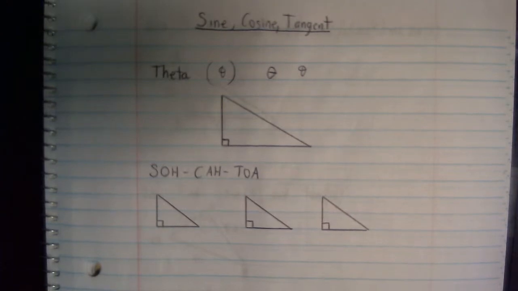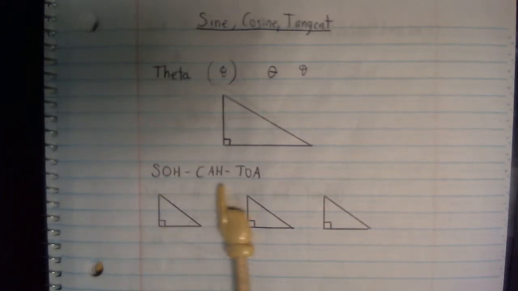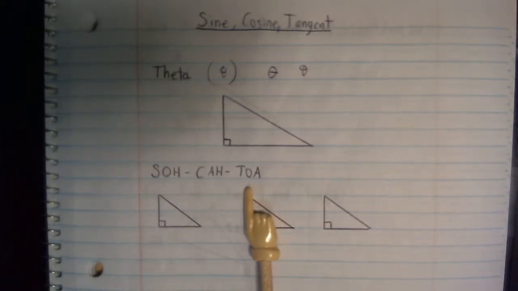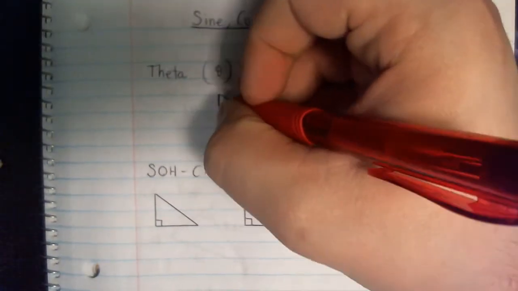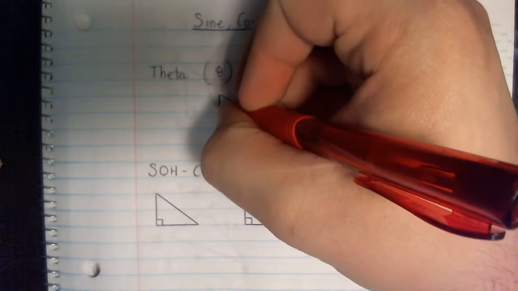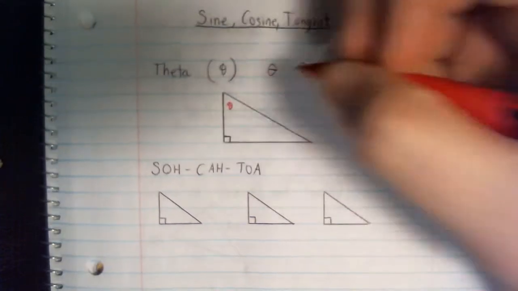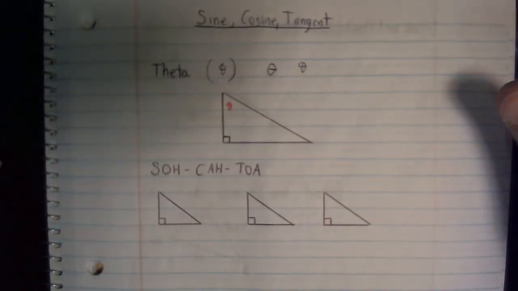the different sides. Now, we have this thing called Sohcahtoa, which is telling us exactly what each of these functions do. So what we're going to do first is put down theta at one of our angles, and we're going to discuss the different types of sides we're going to get from theta.